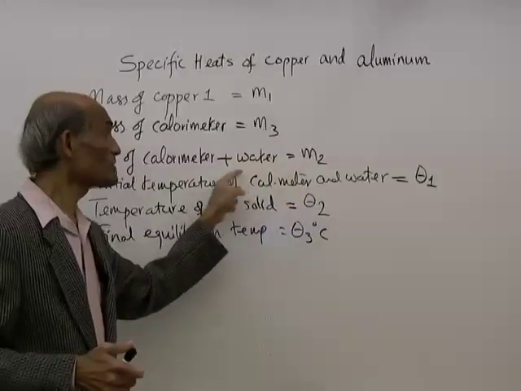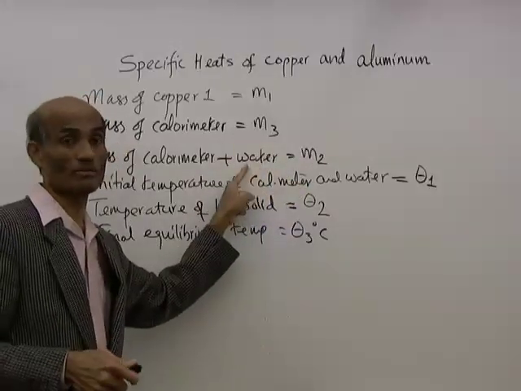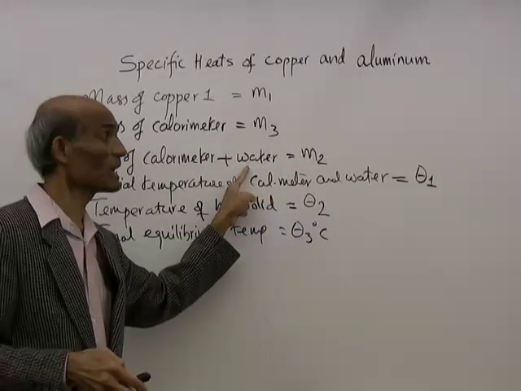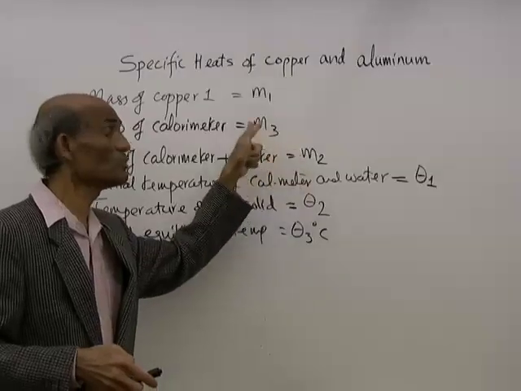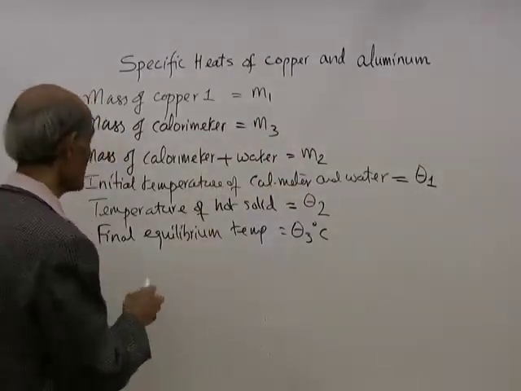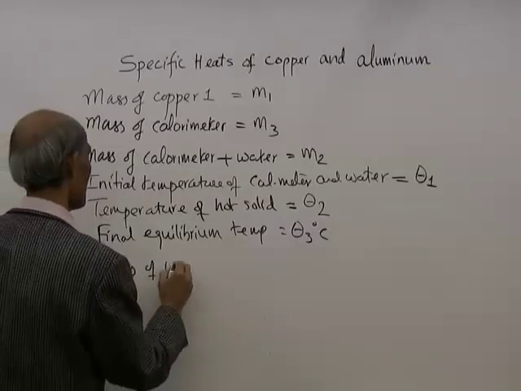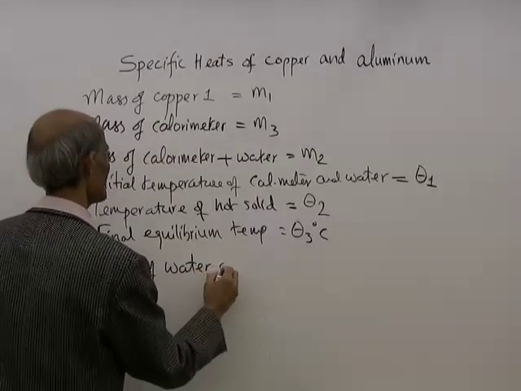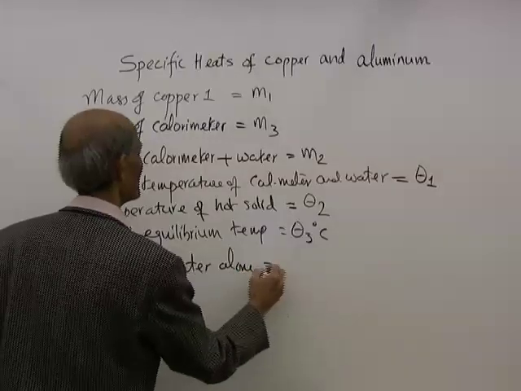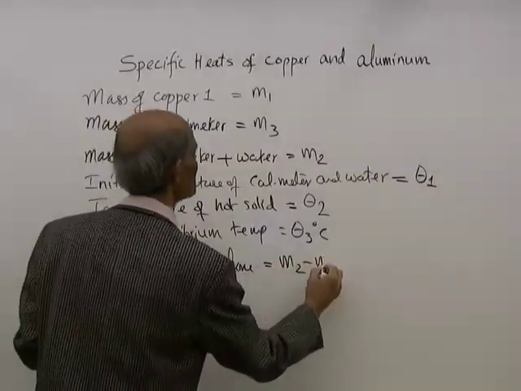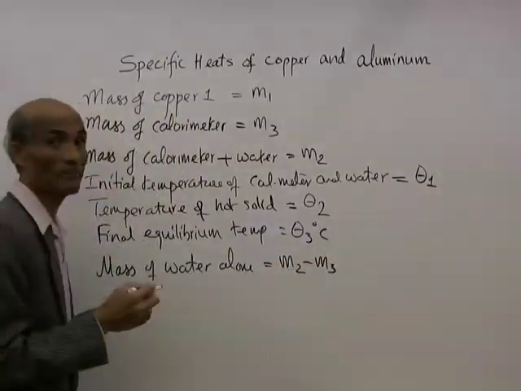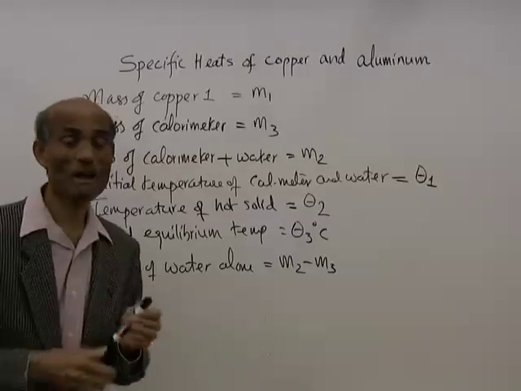Now, what is the mass of water alone? The mass of water alone is M2 minus M3.